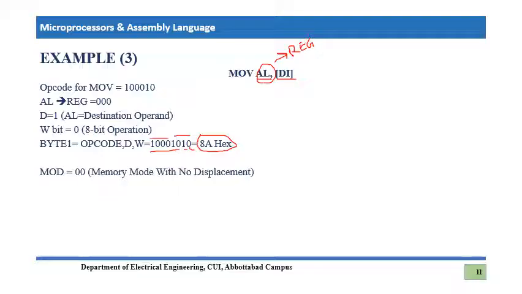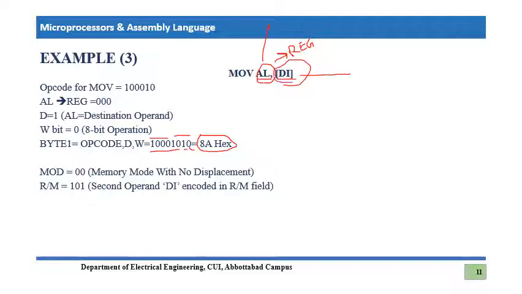Okay, mode. It is going to be 00. This time it is not register mode, it is a memory mode, but with no displacement. We don't see any displacement here, so it's a memory mode with no displacement, so mode will be equal to 00. The next thing is r/m. Since we have already encoded AL, DI will be encoded here.